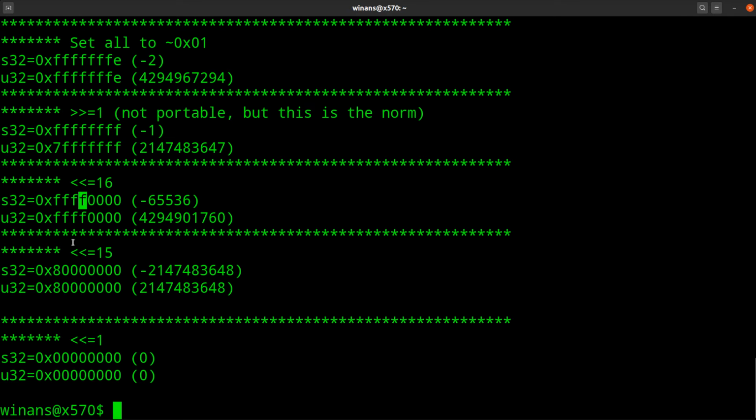All right? I mean, the F doesn't become an 8 because I shifted it. This F here becomes an 8 because I shifted it 15 times and threw away so many bits that only one bit of these 16 are still able to be left in this number, and it just so happens that I chose a value that's 1. And I did that on purpose so it's easy to see where they ended up, okay? So this is how you can shift things to the left and to the right.